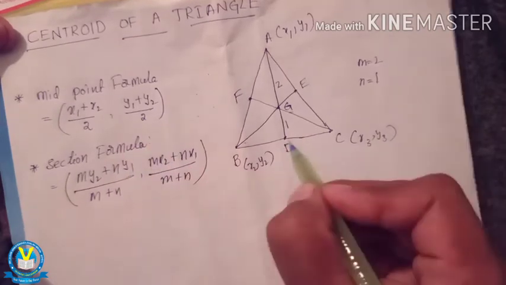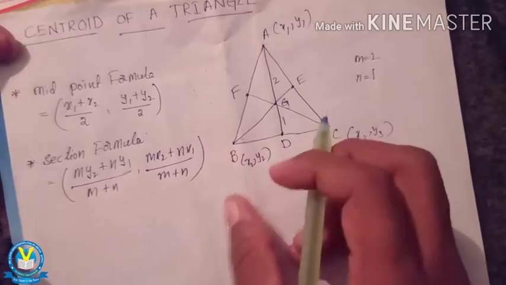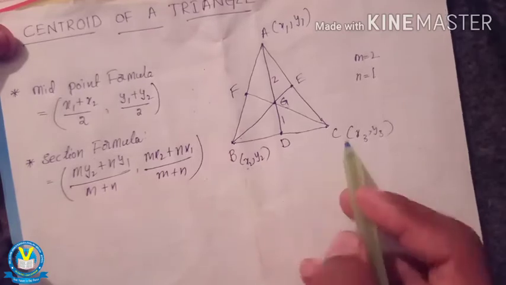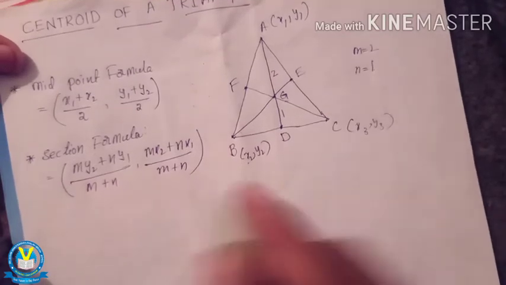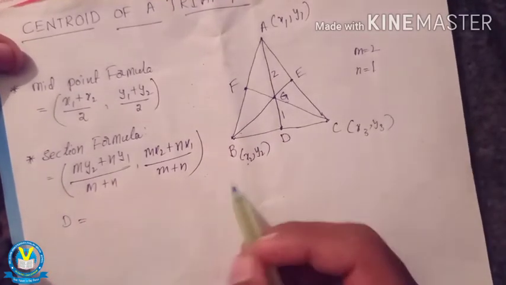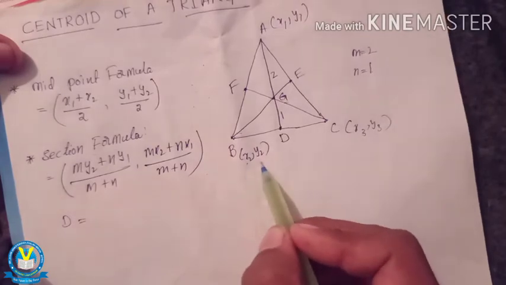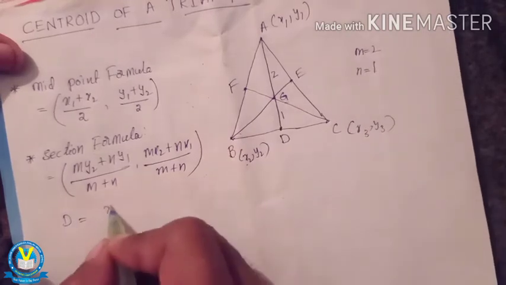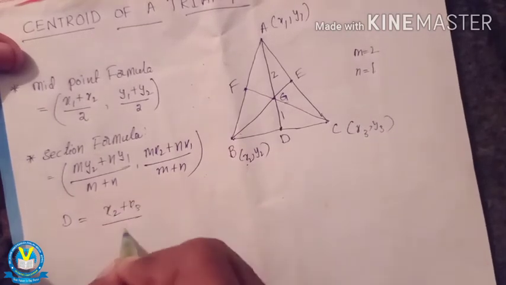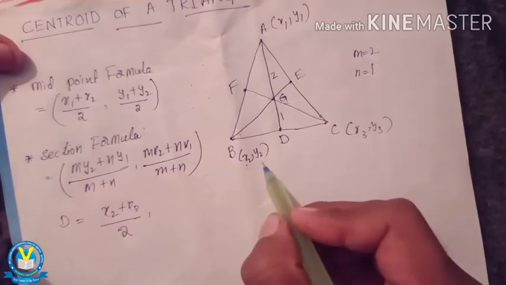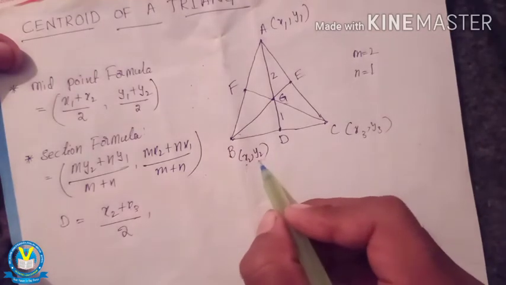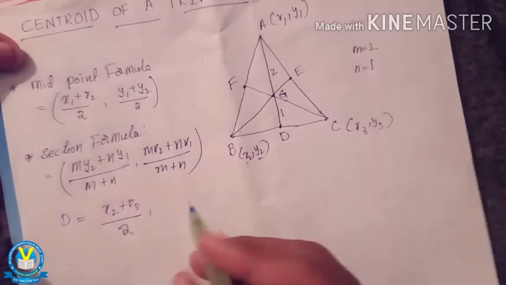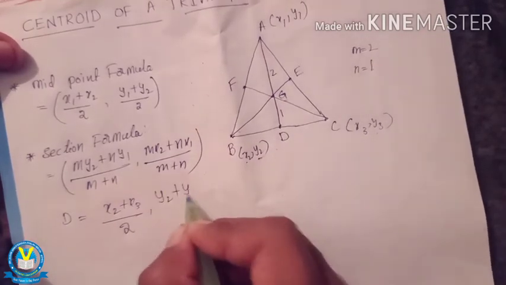First we need to find the midpoint D. B has the coordinates x2, y2 and C has the coordinates x3, y3. So the midpoint D equals x2 plus x3 by 2, comma, y2 plus y3 by 2.